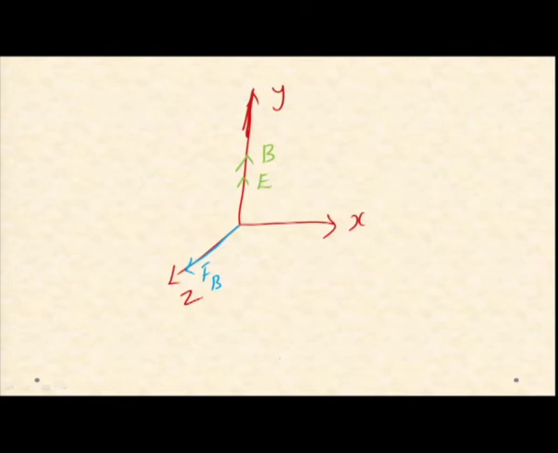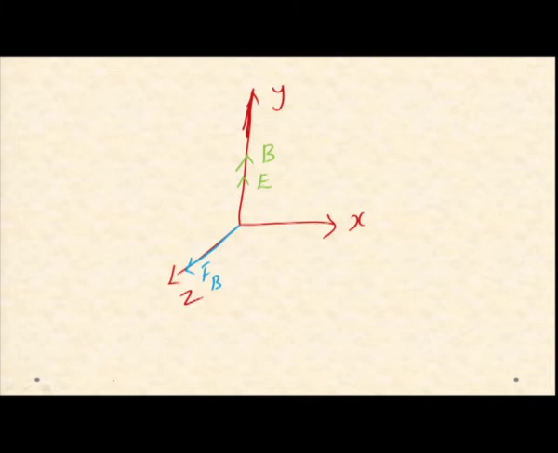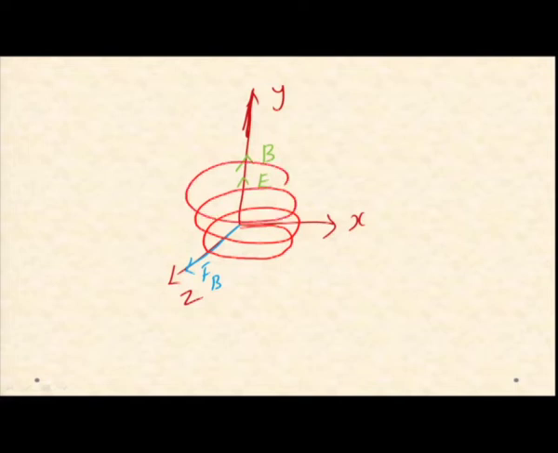Once the electric field is switched on, the path traced by the positively charged particle will be like this. It will exhibit a cycloid. The electric field will accelerate the particle in the y direction, so a cycloid path will be traced by the charged particle.